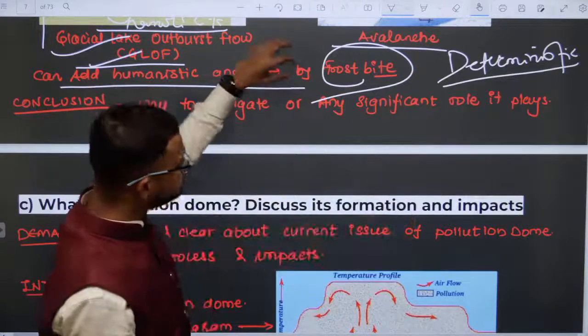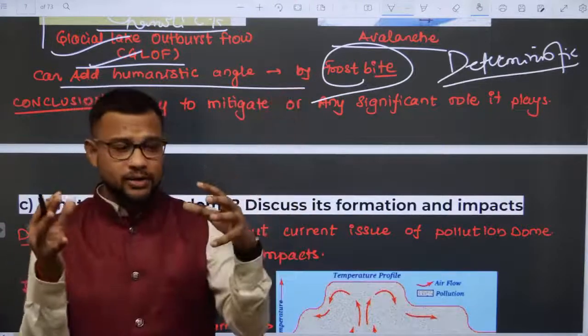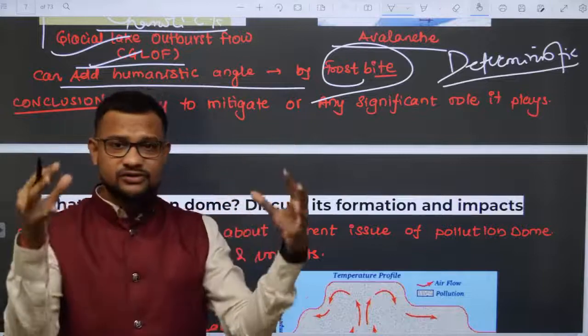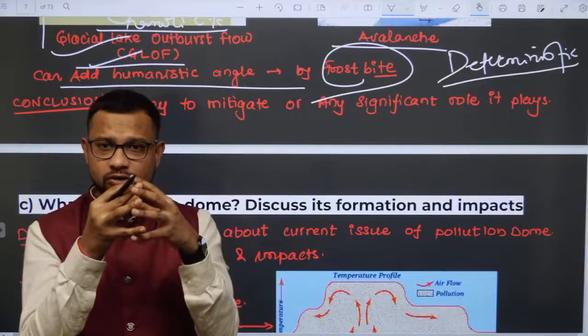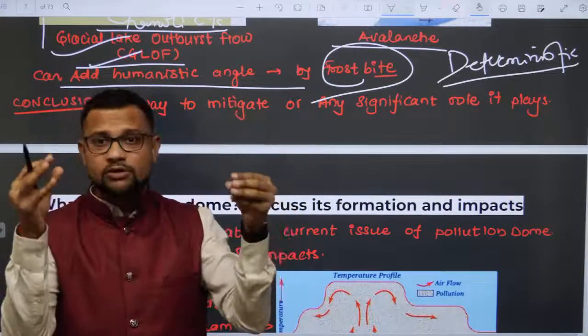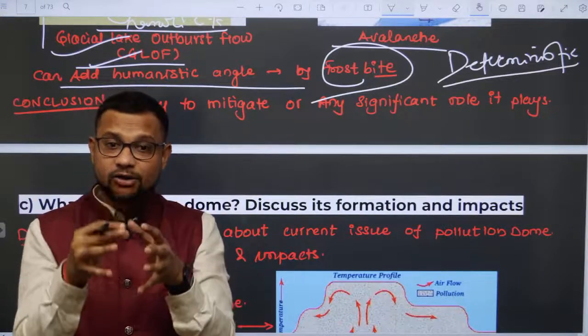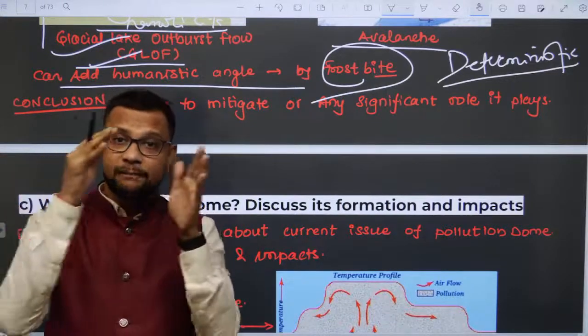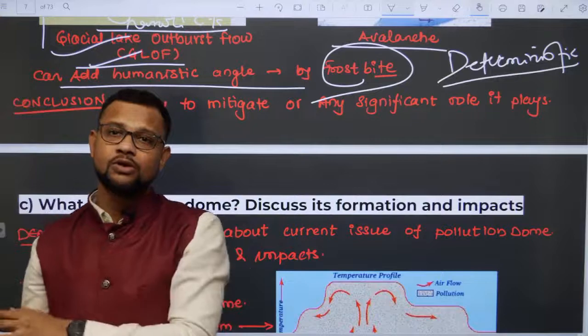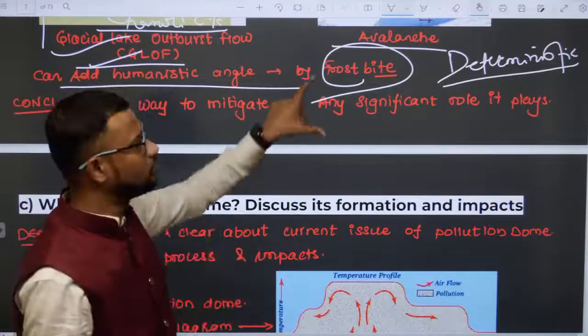The more you are able to integrate physical geography with human geography, geomorphology with climatology, climatology with oceanography, paper 1 with paper 2, believe me, you will get more marks.